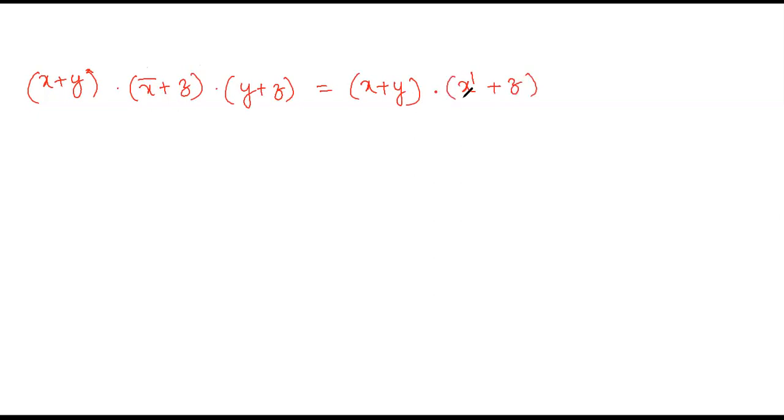Okay, Amma? You have to prove this equation using Boolean rules, not with the truth table. Try to prove this using Boolean rules. If you have any doubts, you can ask me. Otherwise, we will end the session.